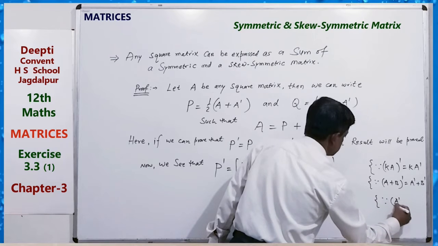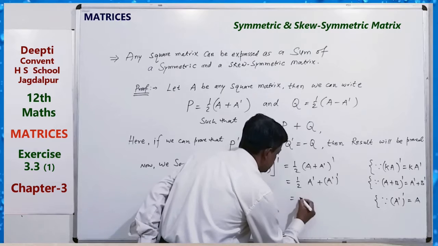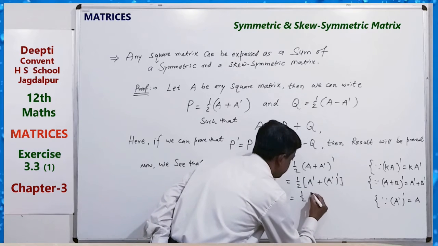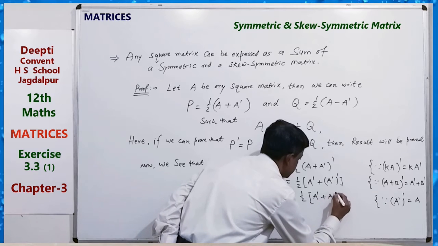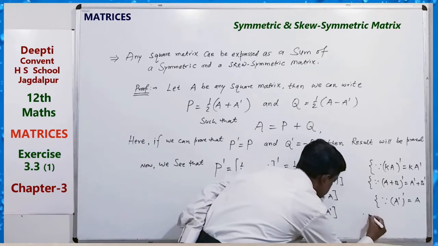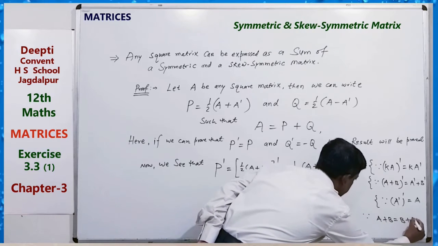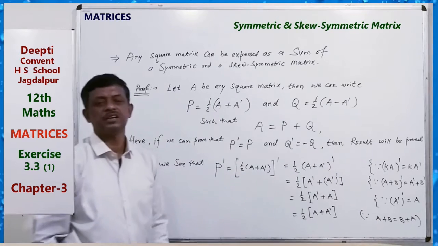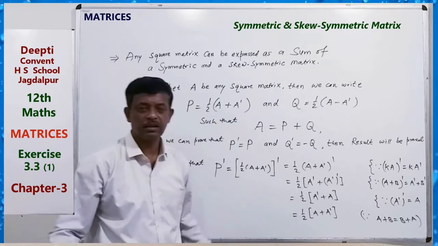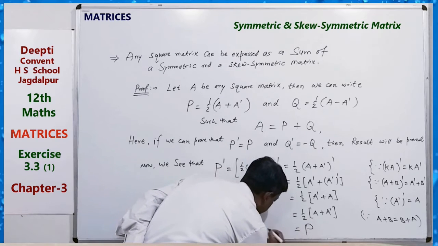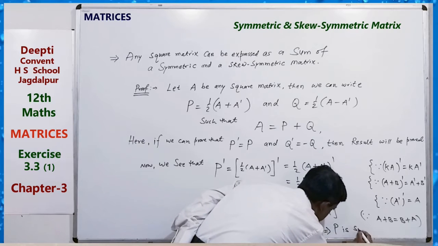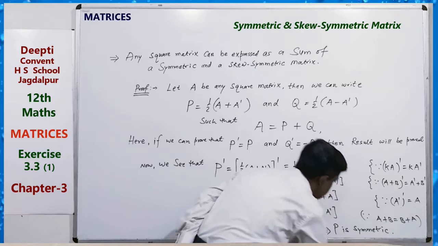Also, since A dash dash equals A, we can write half of A dash plus A, and this equals A plus A dash, since A plus B equals B plus A. So P dash equals P, which implies P is symmetric.